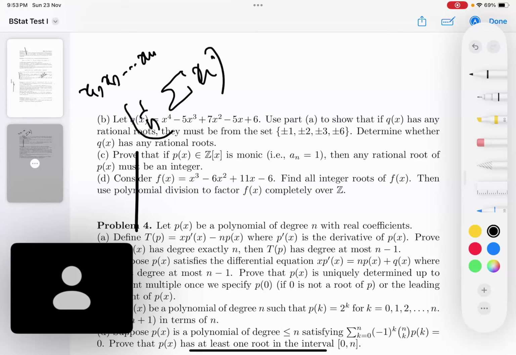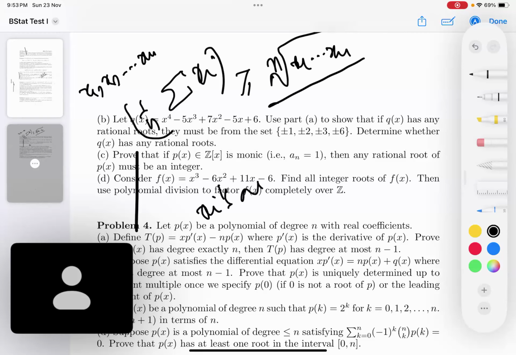This is the arithmetic mean, correct? Yes. This is greater than or equal to the geometric mean of x1 up to xn, right? What the inequality says is that equality holds if all the xi's are the same, right?